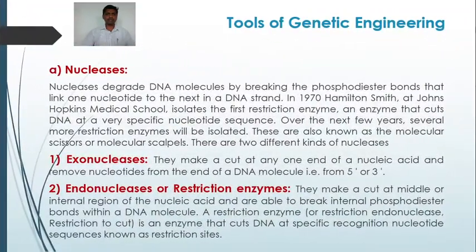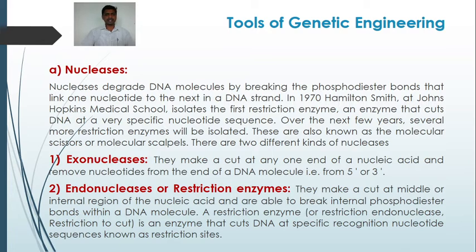The first one we are going to discuss is the nucleases. Nucleases degrade DNA molecules by breaking the phosphodiester bonds that link one nucleotide to the next in a DNA strand.